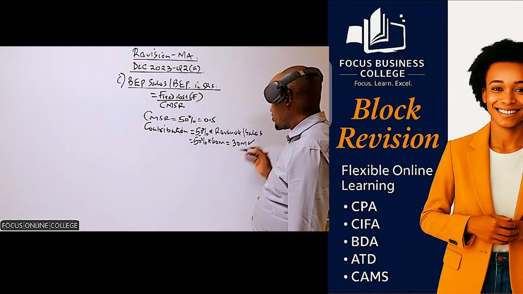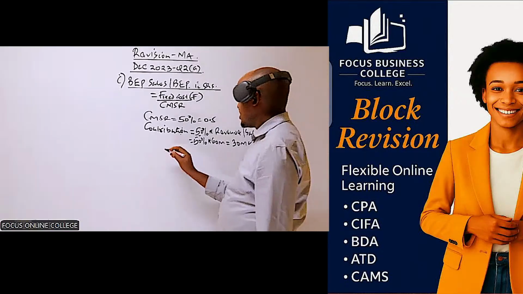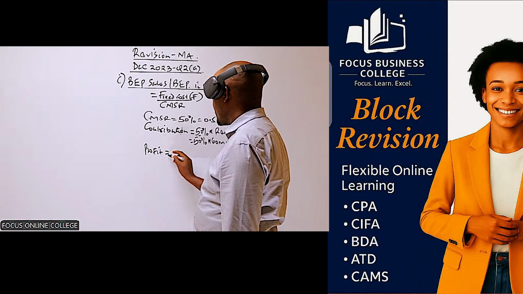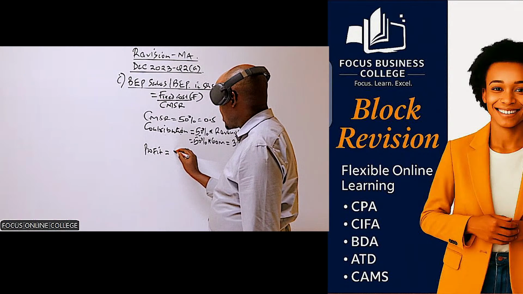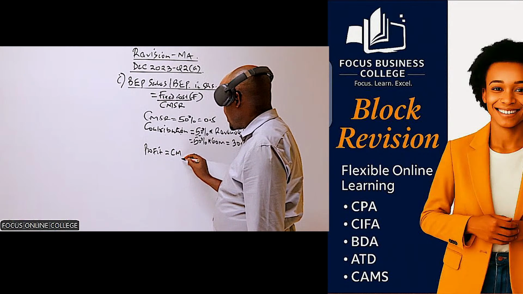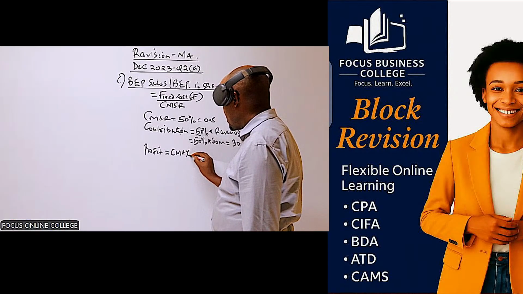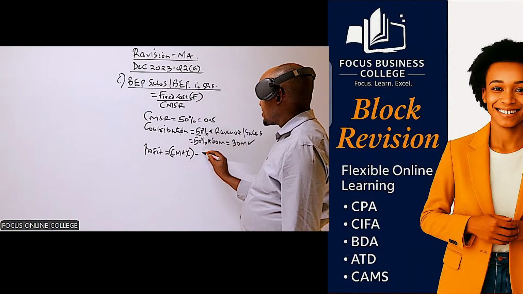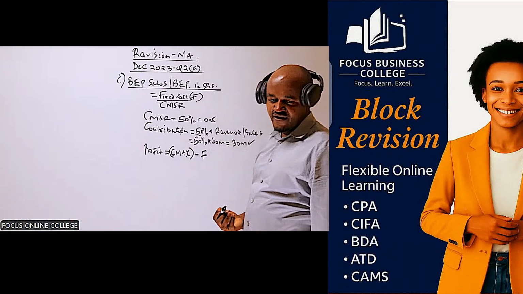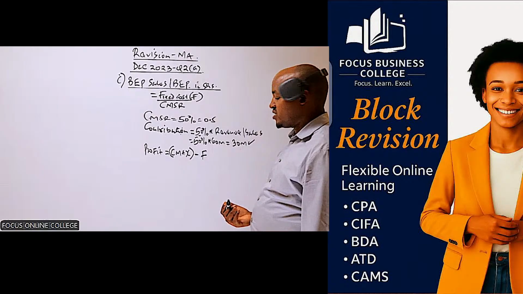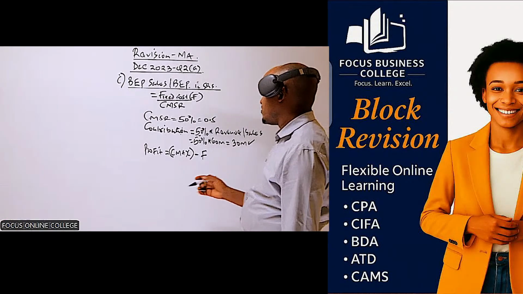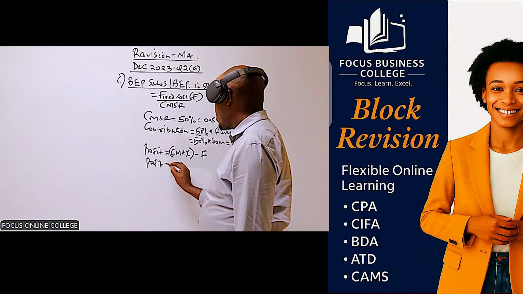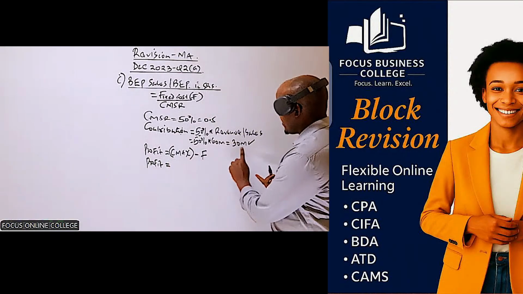Having this contribution, we also know that to get the profit, we take the contribution margin, I hope you can recall this, we multiply that with X, and we less the fixed cost. I hope you can remember that formula.